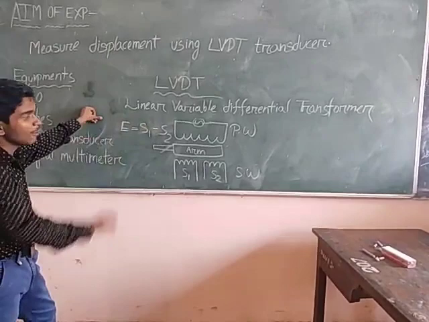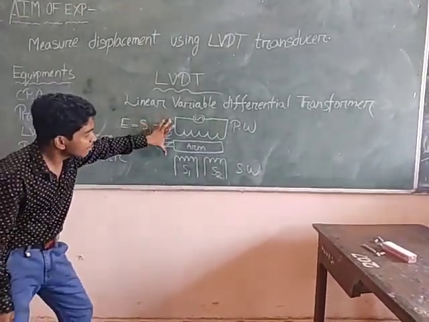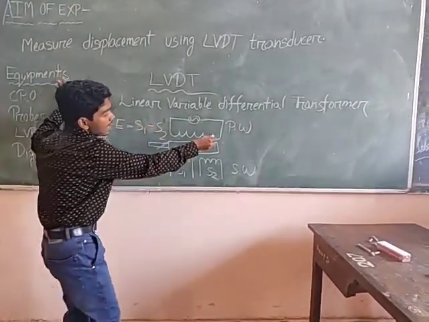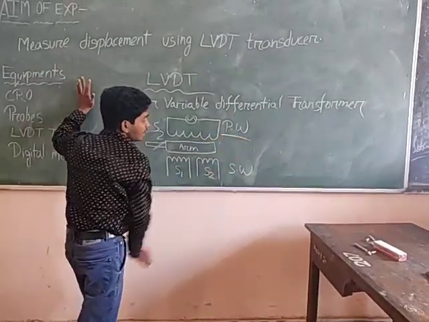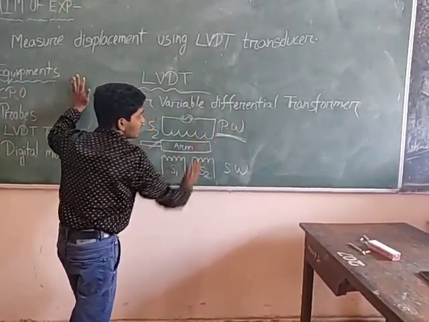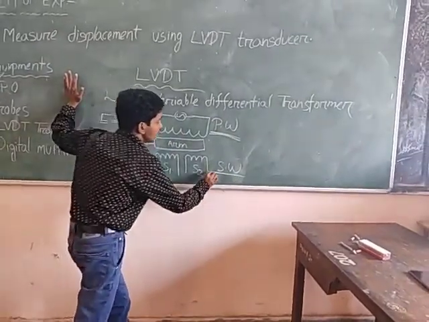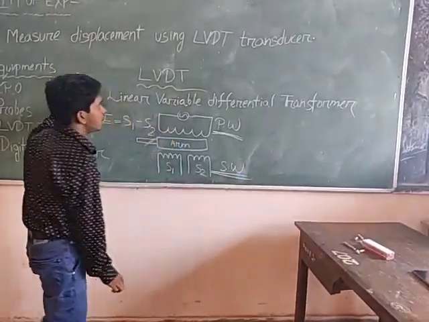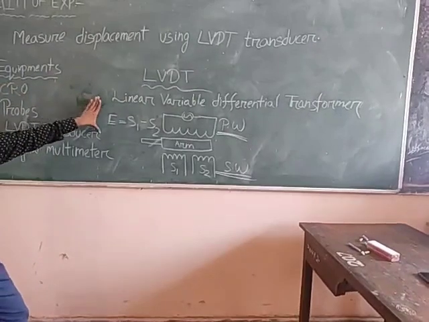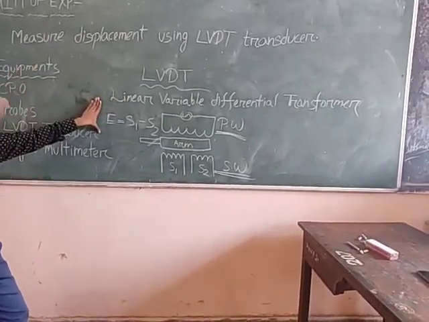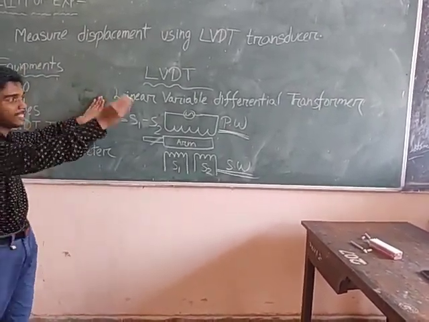Now come to transformer. This looks like a transformer. In a transformer we have a primary winding; here also a primary winding. In a transformer we also have a secondary winding; here also we have a secondary winding. Let's write something about the linear variable differential transducer.